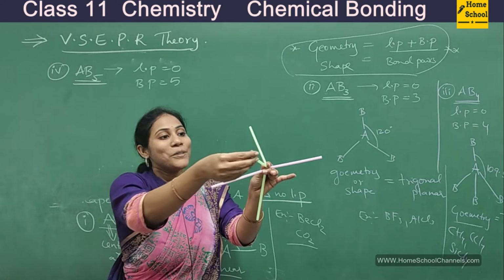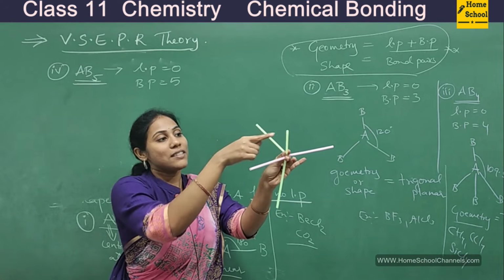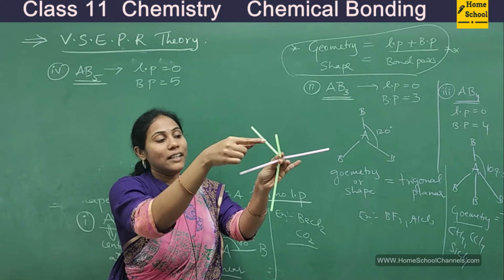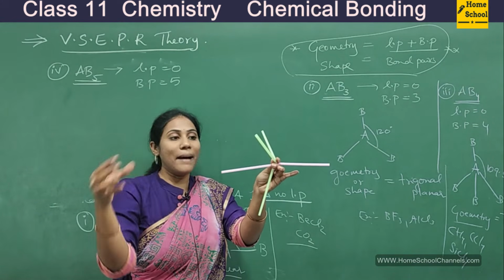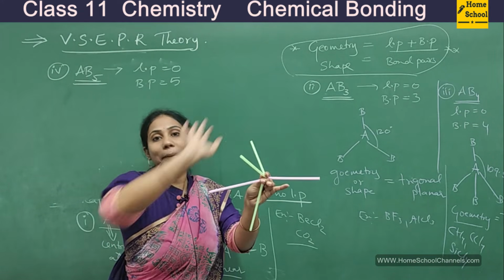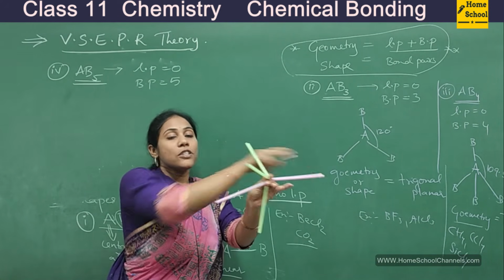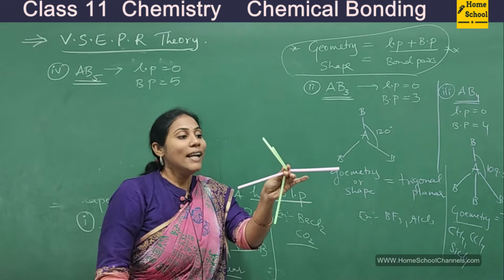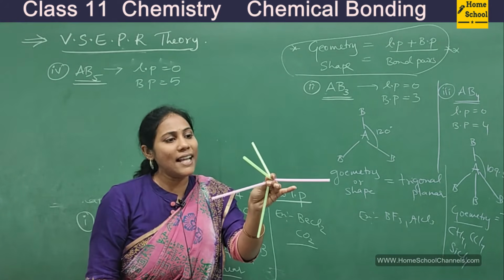Okay, so hope you can make out the difference. So green color straws are making a triangle, and 1 pink straw above the plane, the other pink straw below the plane. Okay, this is out of the plane, and the other pink straw is also out of the plane. Okay, and this is the shape they make. What do you call this geometry?